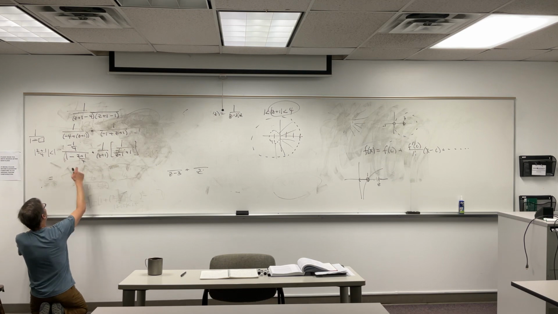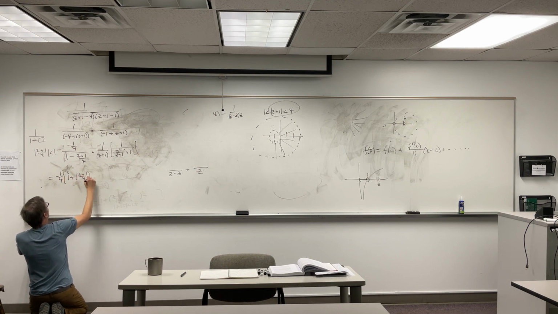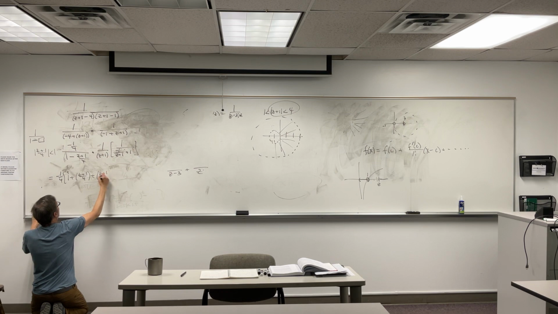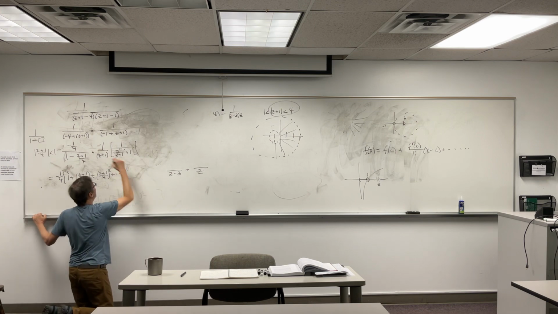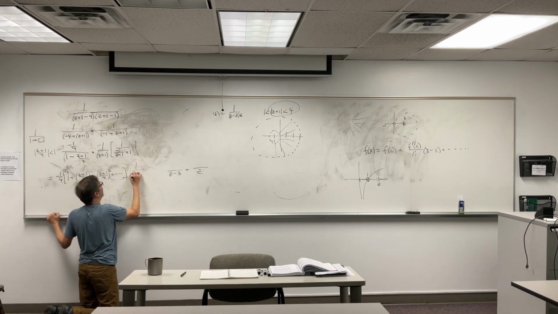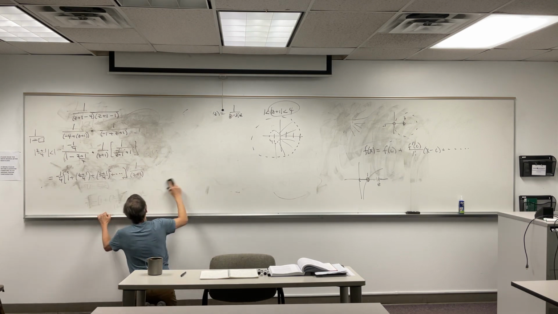So we have minus 1/4, and then this one's going to be 1 plus, and then times this dude, which is 1 over z plus 1. You'll see why this is maybe not the greatest route.